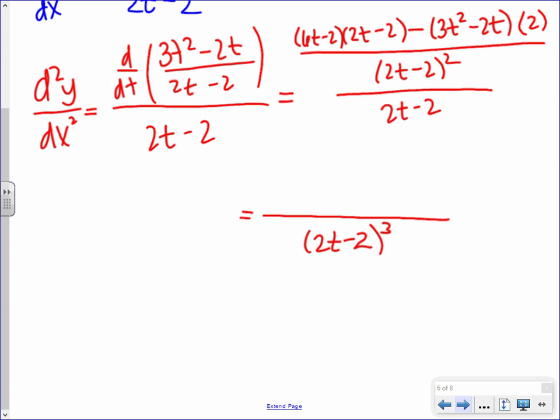Okay, and then we have that numerator to simplify. So we can multiply everything out and then combine like terms.